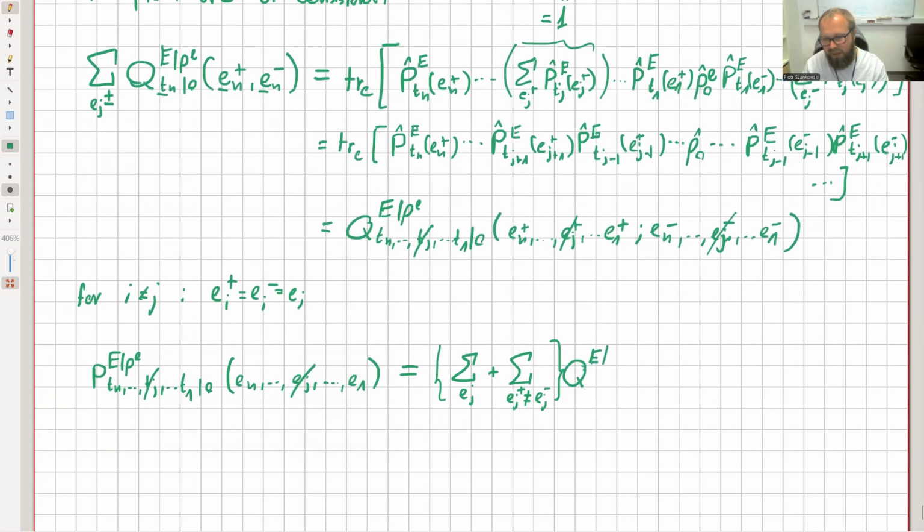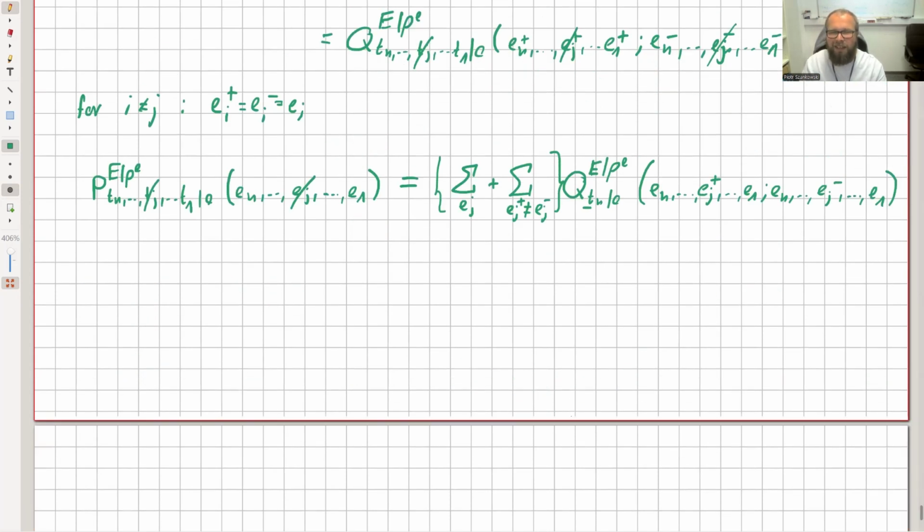And I take Q rho E, Tn 0, right? And all the arguments are the same except for the jth one, the argument at the position j, because we are summing over them, right? And then if I take the first part, I'm setting the off-diagonal terms to be diagonal.